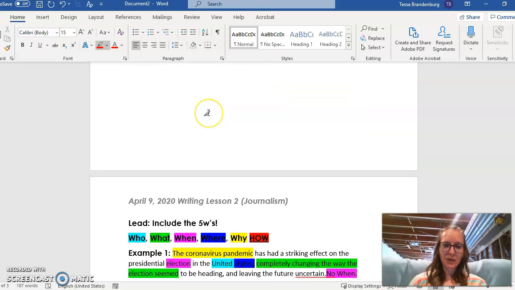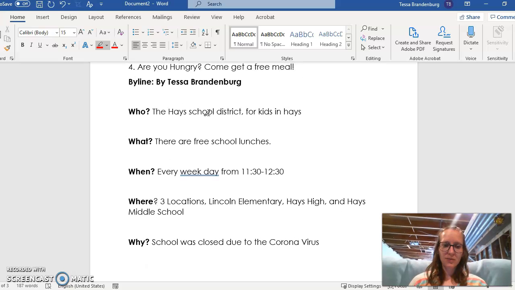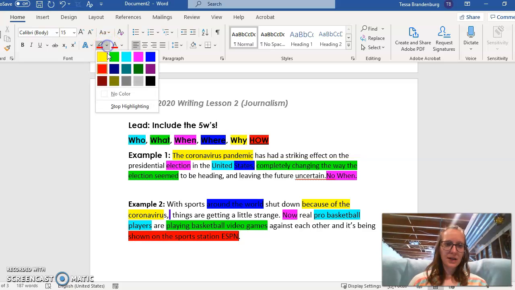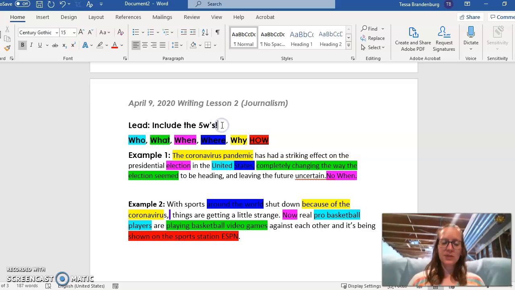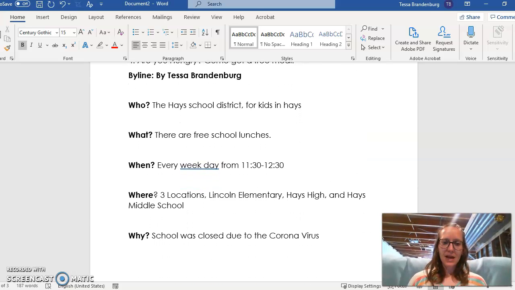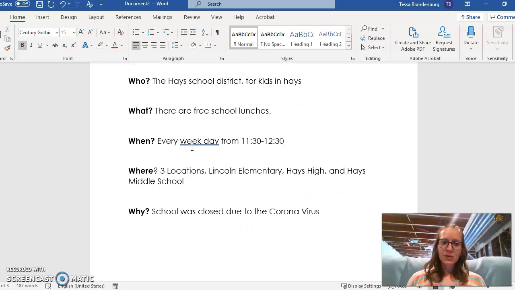So this is a basic overview of how leads are written. So let's go up and we're going to write a lead for my article. Oh, here we go. Okay. Let me take off my highlighter. So remember, I'm writing all about the Hays School District providing lunches for the kids. So I want to include the who, what, when, where, and why.